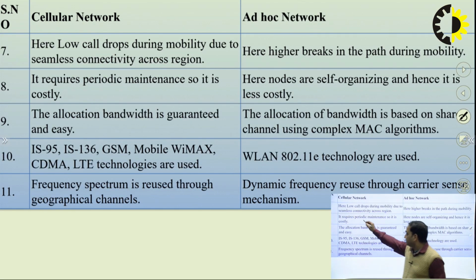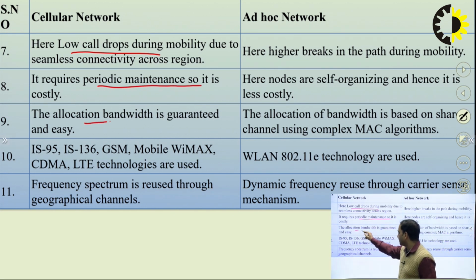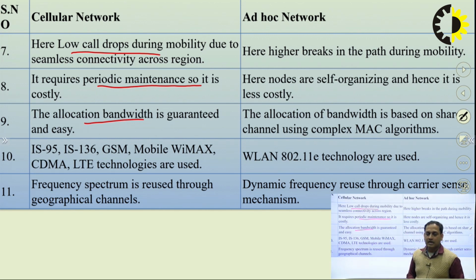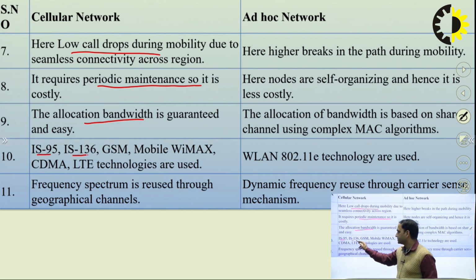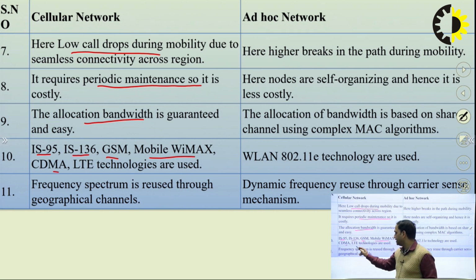In the cellular network, there are low call drops during mobility. It requires periodic maintenance, so it is costly in nature, obviously. Allocation of bandwidth is guaranteed and easy. Some examples of cellular networks are IS-95, IS-136, GSM, Mobile WiMAX, CDMA, and LTE technologies.